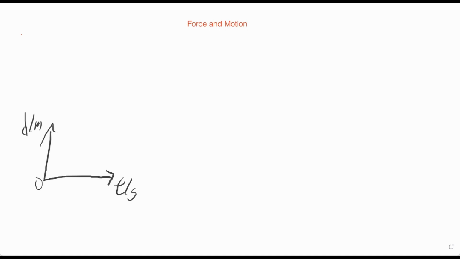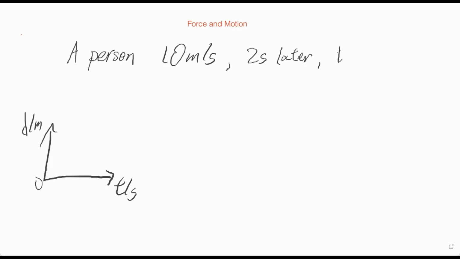Let's say that a person running at first is at 10 meters per second, then 2 seconds later changed his speed to 1 meter per second, and 1 second later became 0 meters per second. So you would imagine how to solve this.